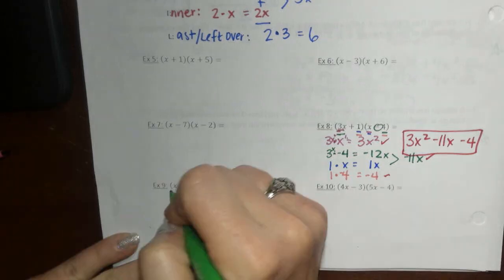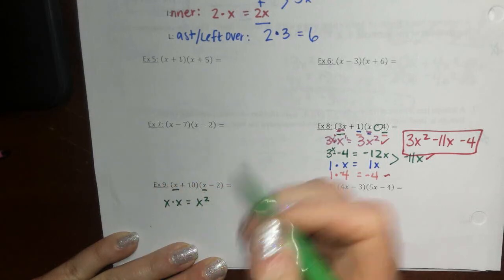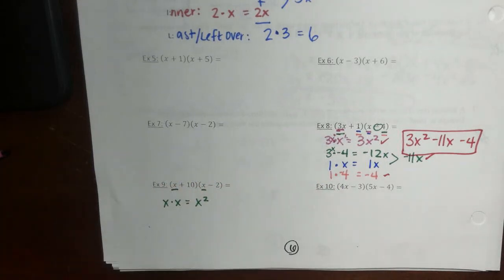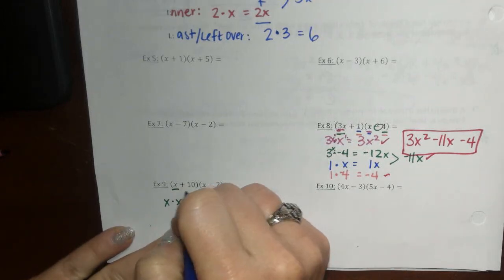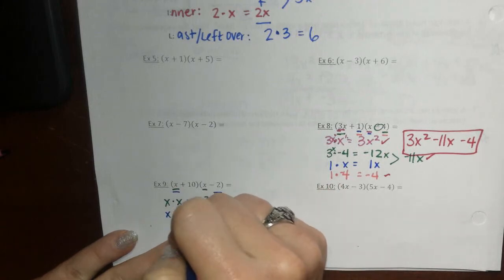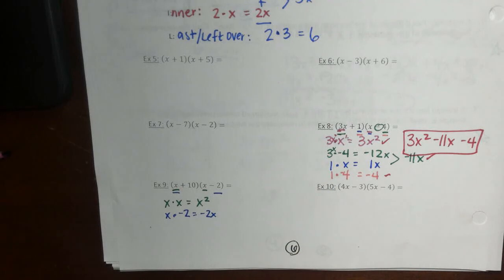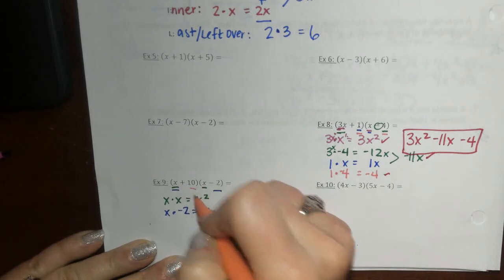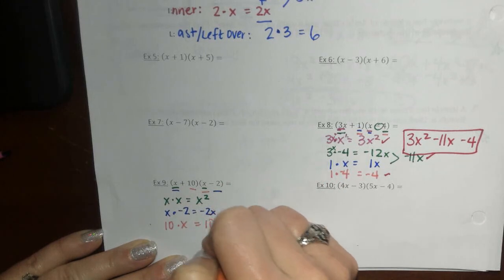All right. First terms, x times x equals x squared. Outside, x times negative 2 is negative 2x. Inside, 10 times x equals 10x.